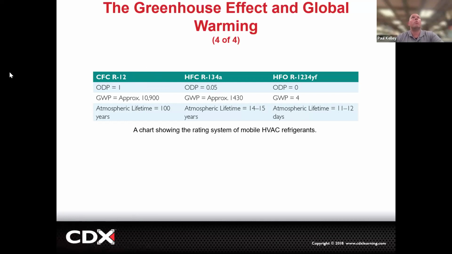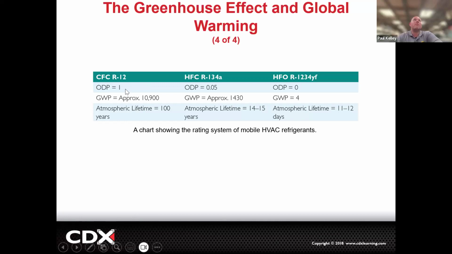Okay. Now we'll jump into global warming potential. R12 has a global warming potential of 10,900. R134a dropped that to approximately 1,430. So it went from almost 11,000 to under 1,500. That's a really good improvement, don't you think? Ignore R1234yf for now.